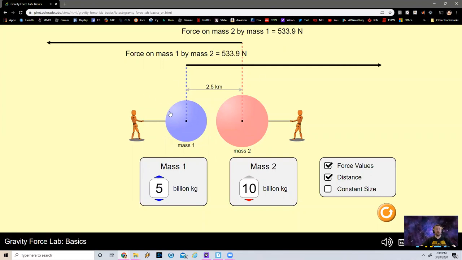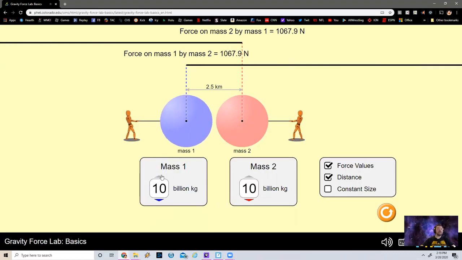On mass 1, mass 2 exerts a force of 533.9 newtons. On the other hand, mass 2 has a force exerted on it by mass 1 of also 533.9 newtons. So what you see is that when we decrease the mass of one object, we decrease the force between them, but they exert an equal but opposite force on each other.